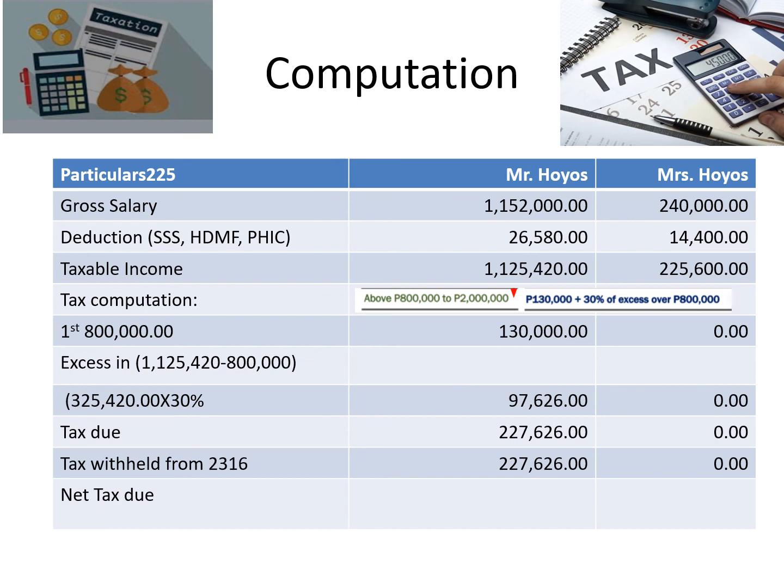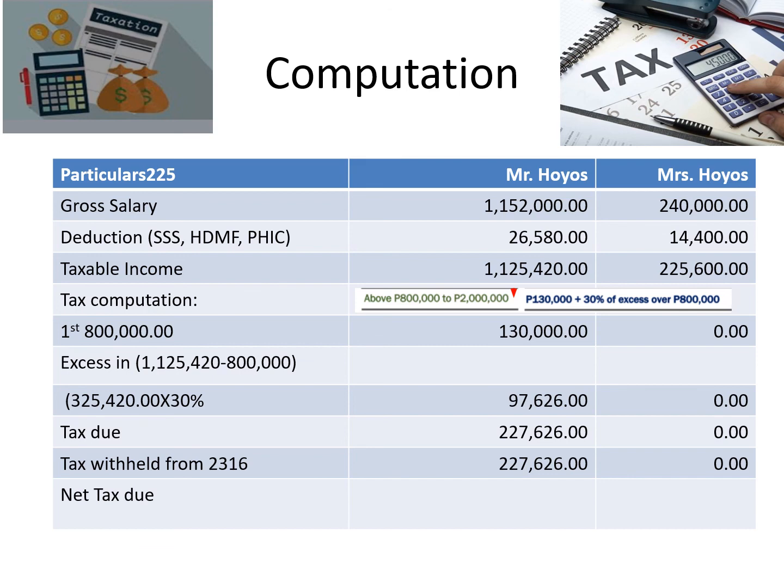So the tax due would now be 227,626. And then when you refer back there, you will see that the tax withheld under 2316, or the one that has been given by your employer, is 227,626. So these are now there.